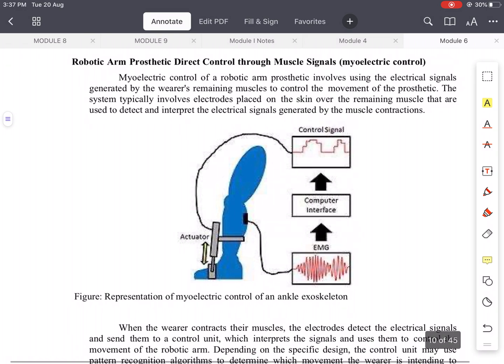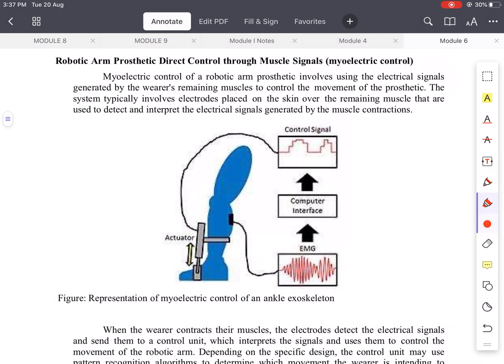Here is a representation of a myoelectric control prosthetic limb. Myoelectric control of a prosthetic limb involves using the electrical signal generated by the human body on which the prosthetic limb is worn. The wearer would have lost some limb, and on that lost part we are replacing the prosthetic.